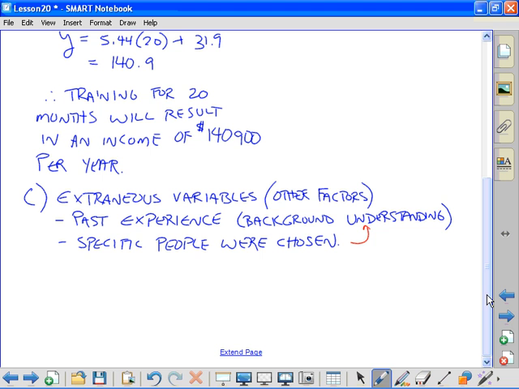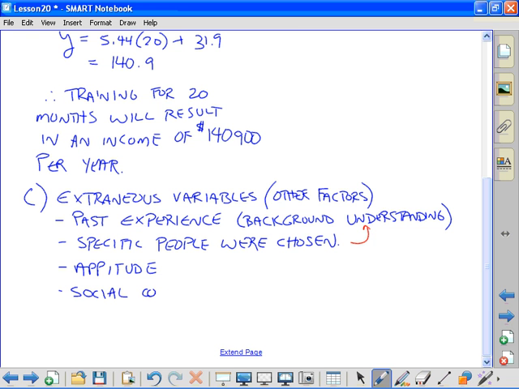We could also be looking at aptitude. If one person has a knack for what they're doing, if they're very, very good with programming, they might be able to get into and be successful in their field a little bit quicker. We're looking at social connections here as well. If you know someone, you can get a job.